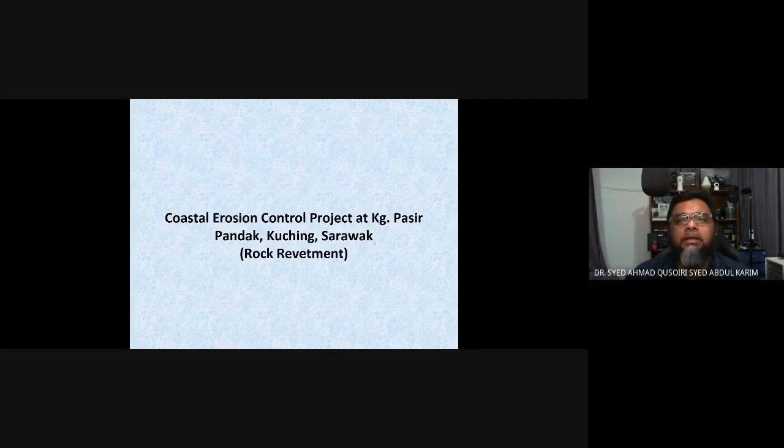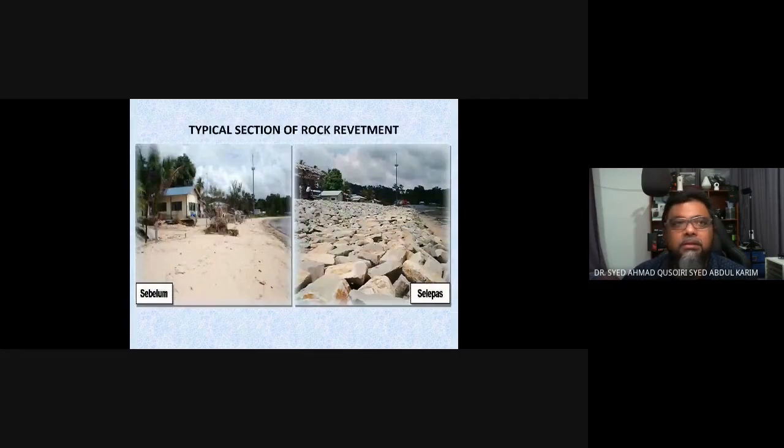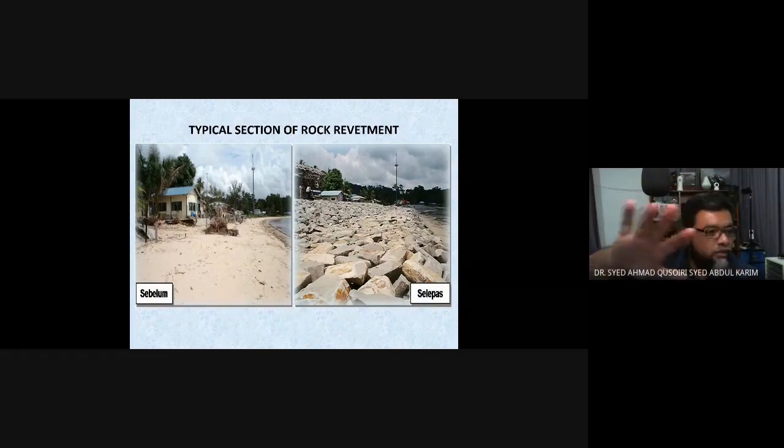Okay, ni contoh lain, kucing. Revetment juga. Kan? Rock revetment. Habislah pasir. Kan? Jadi batu lah. Okay. They build core dulu kat atas pasir tu, lepas tu dia letak rock armor.